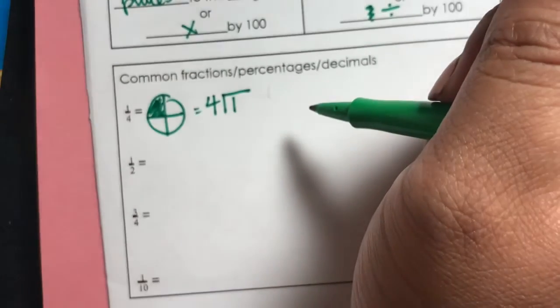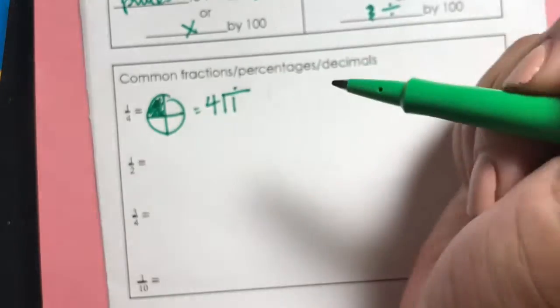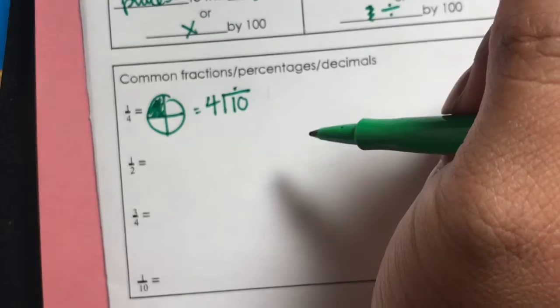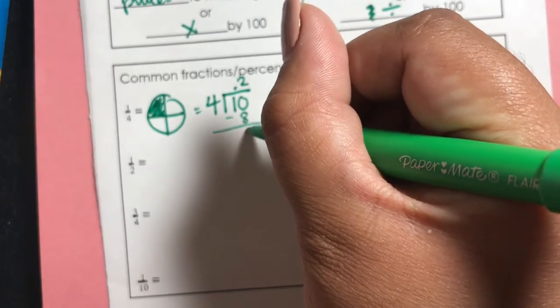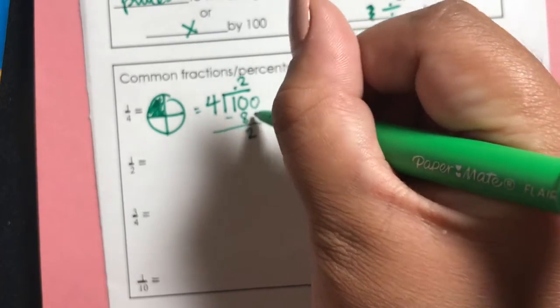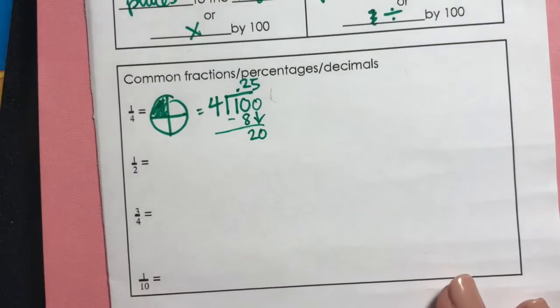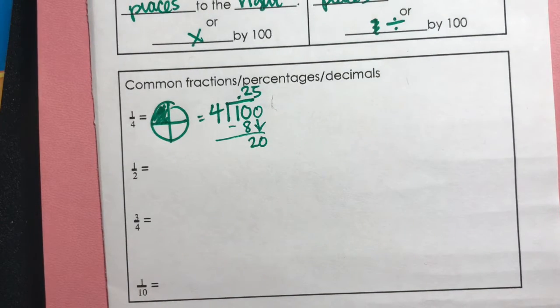So 4 divided by 1, put a decimal, add a 0. 4 goes into 10 2 times. 2 times 4 is 8. 10 minus 8 is 2. Add a 0. 4 goes into 20 5 times. So we're left with 0 and 25 hundredths.